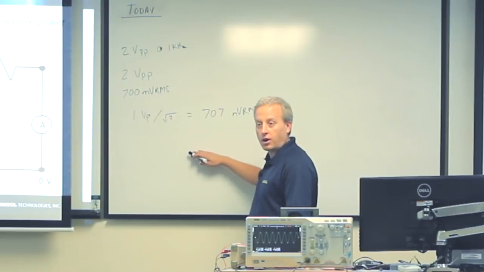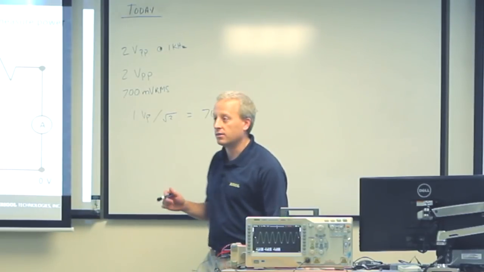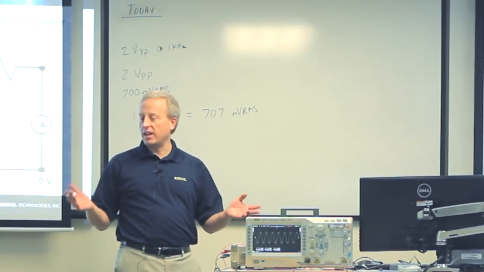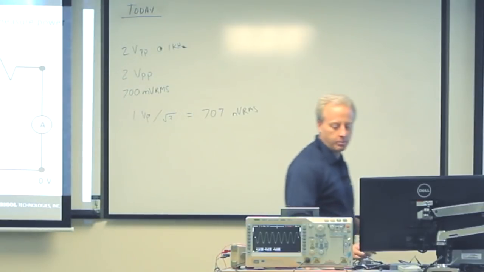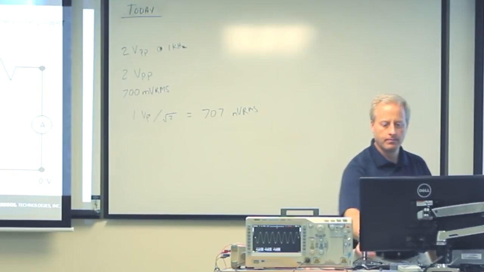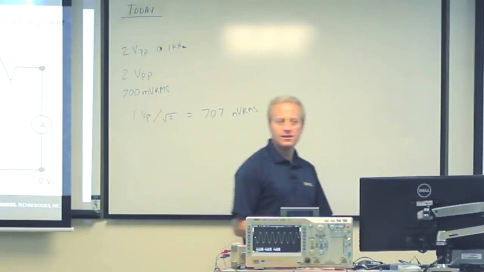We can take the voltage RMS times the current RMS and get power, get watts. And that's difficult to do really any other way with the sine waves, with the AC voltage. So that's the purpose of the RMS, and that's what we're calculating there. Cool. Questions about that? No?